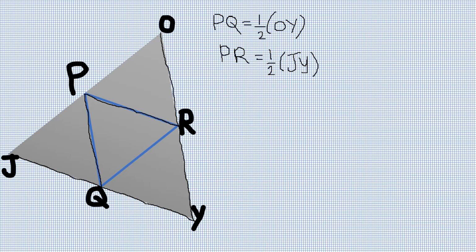And last, midline QR is parallel to JO. So we have QR equals 1/2 of JO.